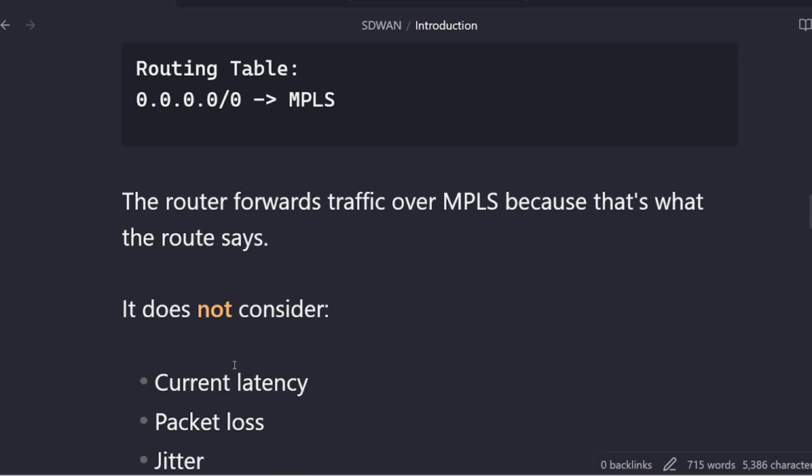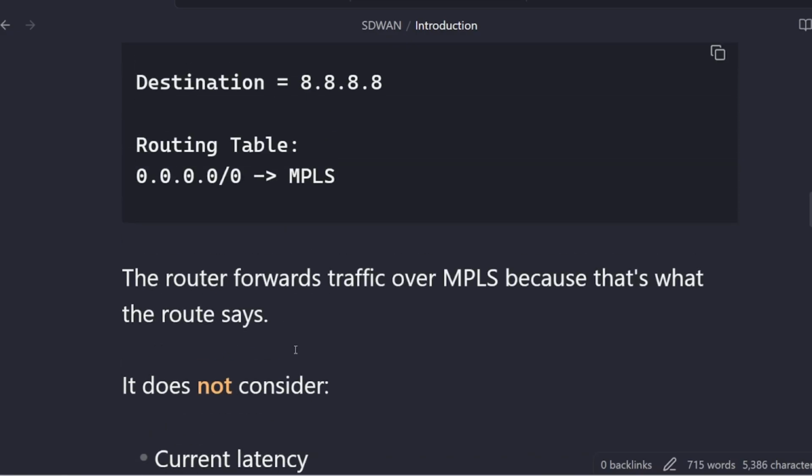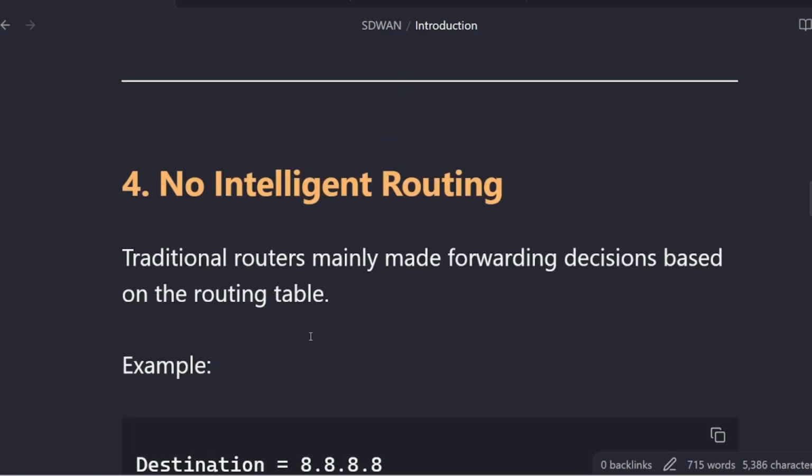It does not consider the current latency, packet loss, jitter, or application type. It does not calculate anything. Every traffic passes through MPLS, whether it is video, audio, or voice, whatever it is. So that was the issue: there is no intelligent routing.